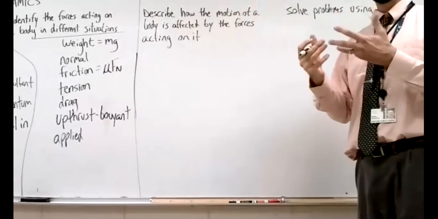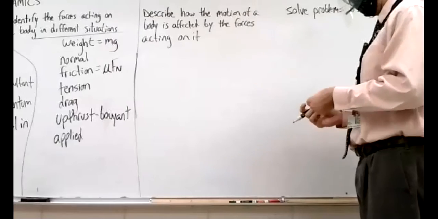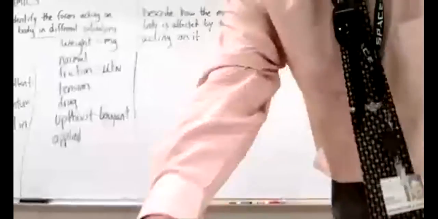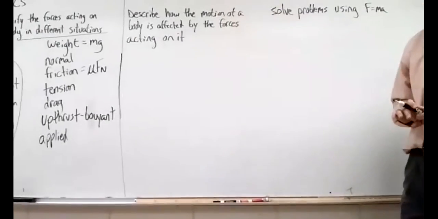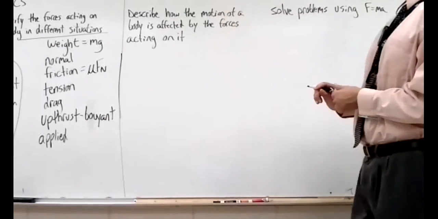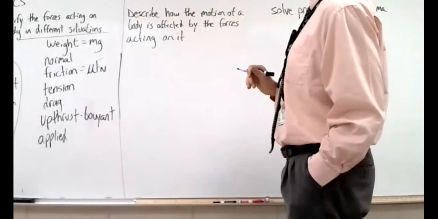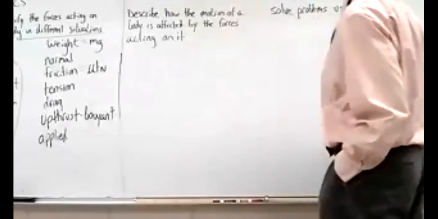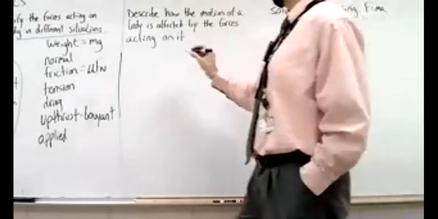If all these forces are acting on it, then we can anticipate the direction it's going to accelerate and how much the acceleration is going to be. We know what kind of forces we're going to need to achieve a certain movement. If you look at the slides that belong with this one, I like to think about it in terms of Newton's second law: how the motion of a body is affected by the forces.